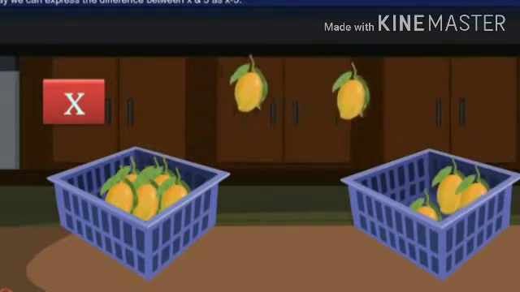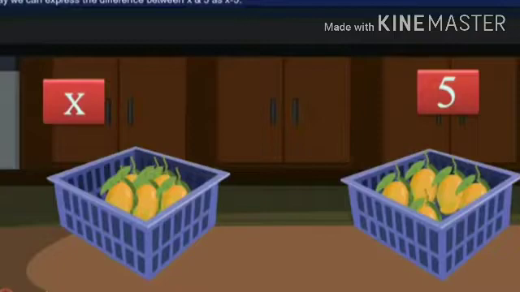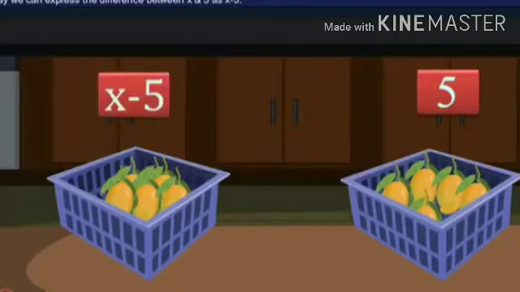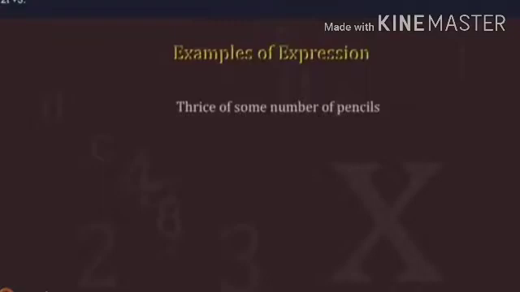In a similar way, we can express the difference between X and 5 as X minus 5. If P and Q are two variables, the division of P and Q can be expressed as P by Q, and the product of P and Q can be expressed as P dot Q or simply PQ. Some examples of expressions.